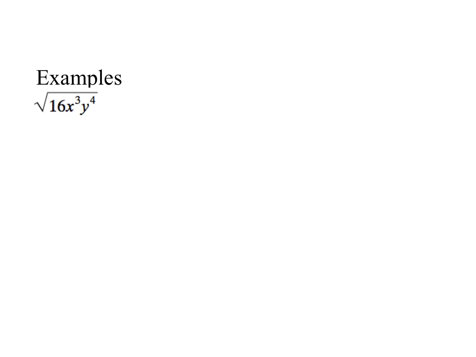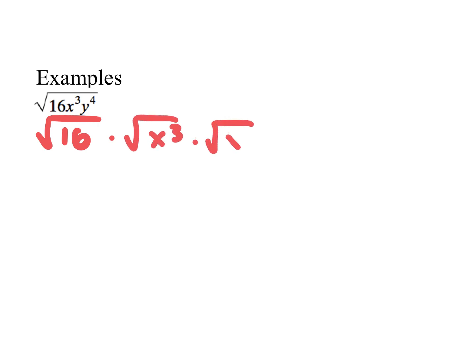And for my final example, I now have two variables, but I'm going to follow the same process. So I get the square root of 16 times the square root of x to the 3rd times the square root of y to the 4th. 16 is actually a special case because it's a perfect square. So the square root of 16 is 4.